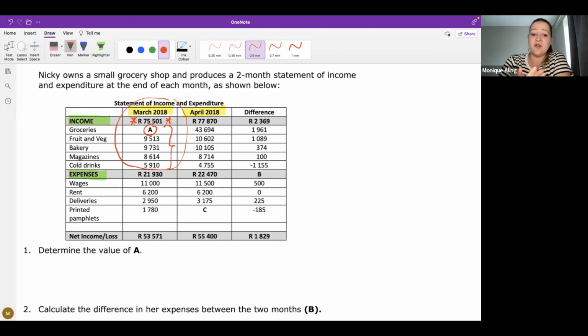So because we have a total and everything else, one way of working it out is taking your total of 75,501 and we can minus the rest. So you can sit there and say minus 9,513, or you can add all of those up together and then just minus that total. So either way, it is fine, but based on your answers, you guys understand anyway. So whatever you did, keep doing that.